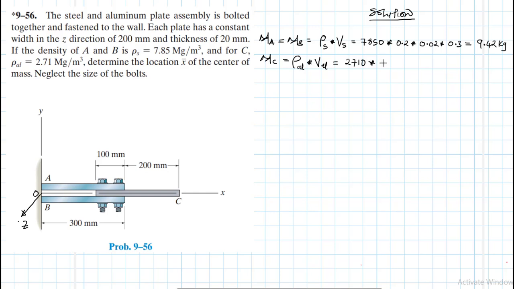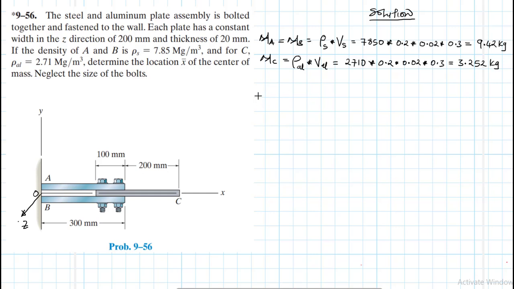The volume is the same: 0.2 by 0.02 by 0.3. So 2,710 by 0.2 by 0.02 by 0.3 gives us 3.252 kgs. Alright, so this is great.